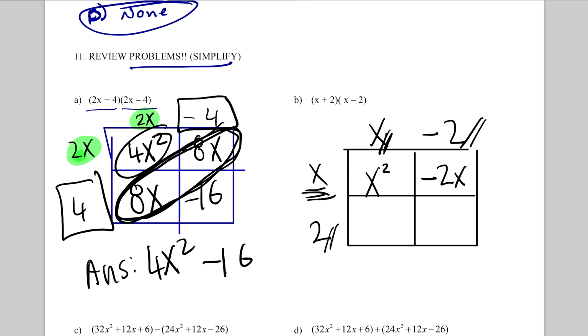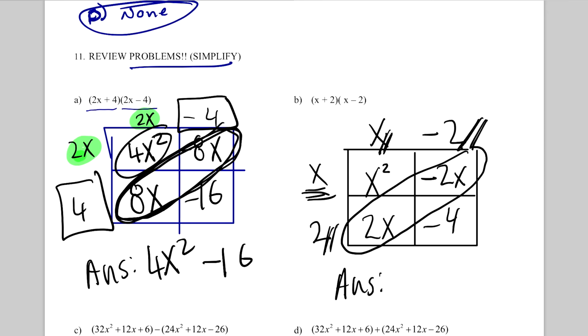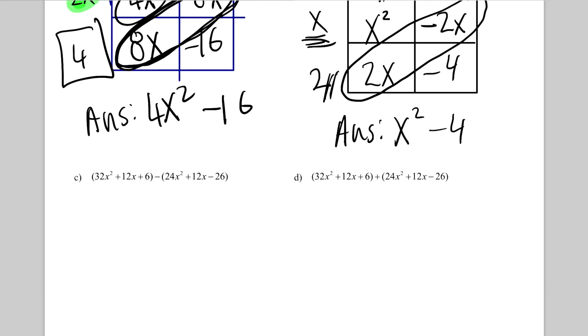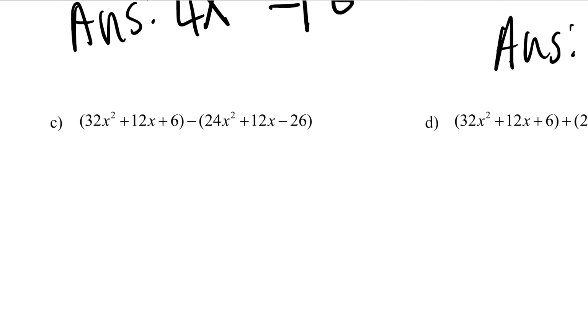X times 2, 2x, okay? 2 times 2, 4, with a minus. Keep in mind that these two are like terms and they are opposites of each other, so they cancel out. Because they cancel out, x squared minus 4 is all that we have left. Great job. Let's go on to 11 part C.